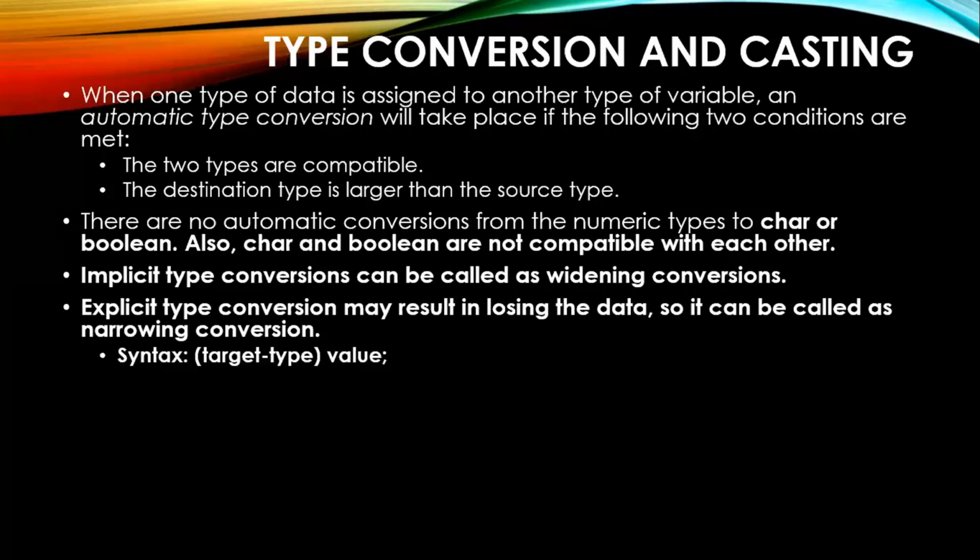If you want to do explicit type conversion, you need to specify the target type, and then specify which value you want to convert to that target type. Any questions with respect to these points?